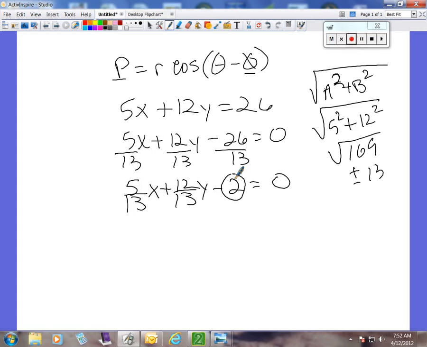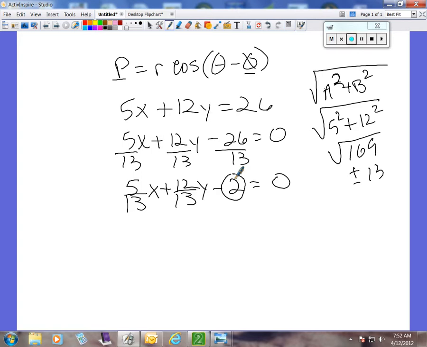See, we're trying to find p and theta, or excuse me, phi to put in here. Now, you knew how to find phi before, too. You said it. Tangent inverse, but you couldn't do that yet until you got it in normal form, because the signs might change. Now, they didn't, because we divided by positive 13. But if we had to divide by negative 13, these would have become opposite, and you've got to know which quadrant you're in. Remember that? I don't know if you remember that or not. All right.